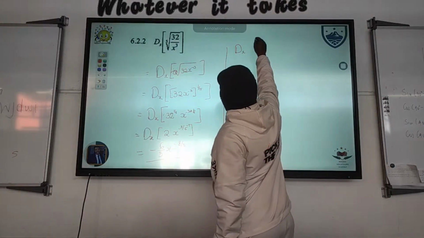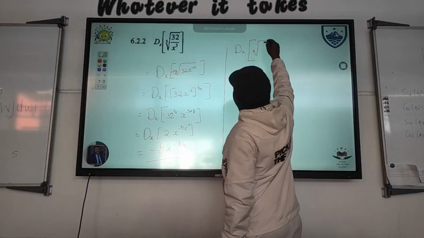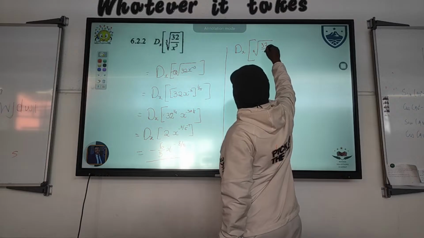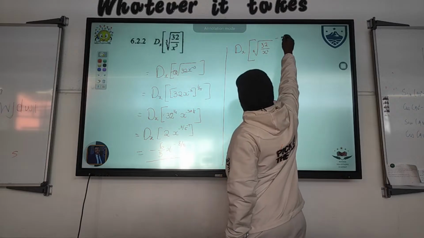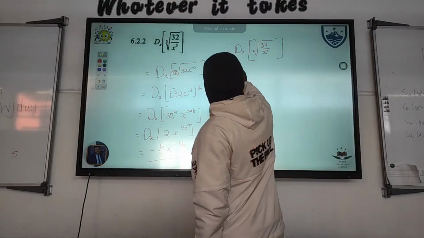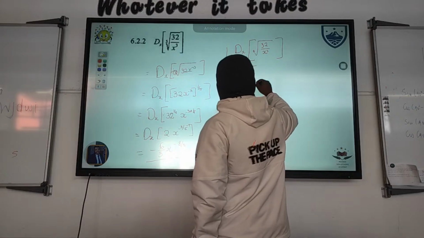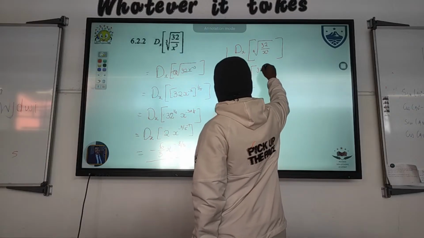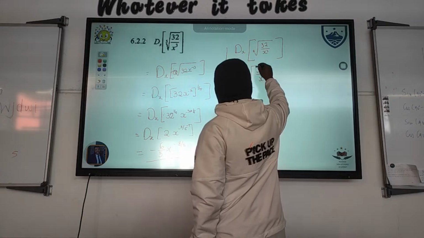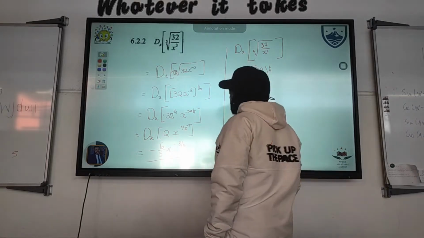Dx, if we implement the laws of exponents correctly, using another way, we can say 32 over x to the power of 3, multiplied by 1 over 5.